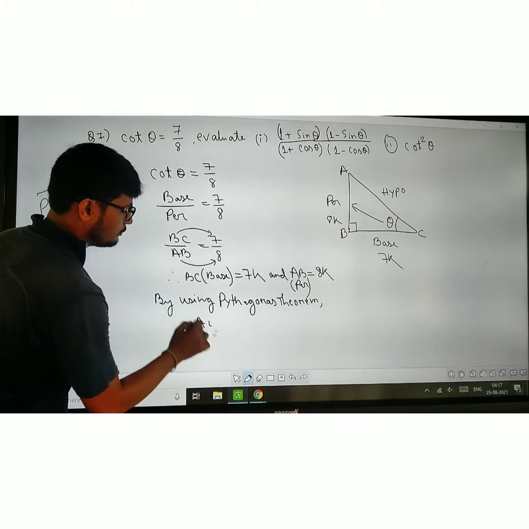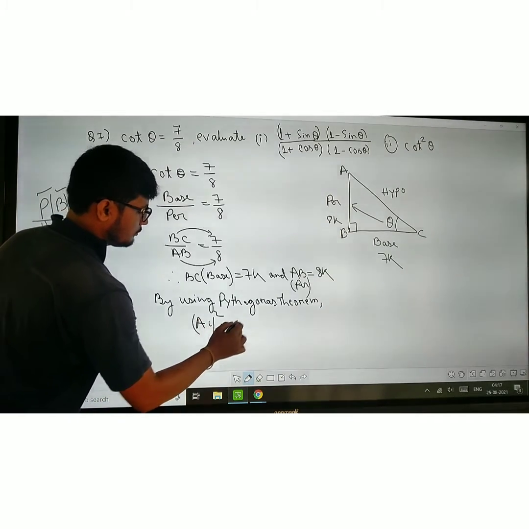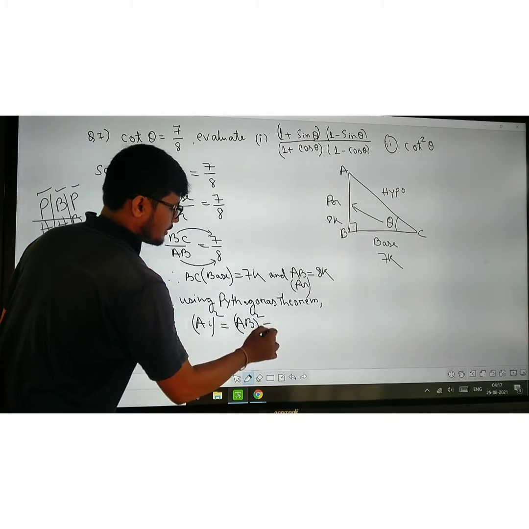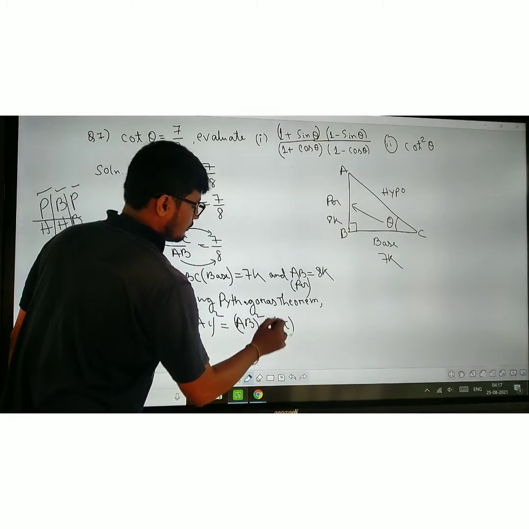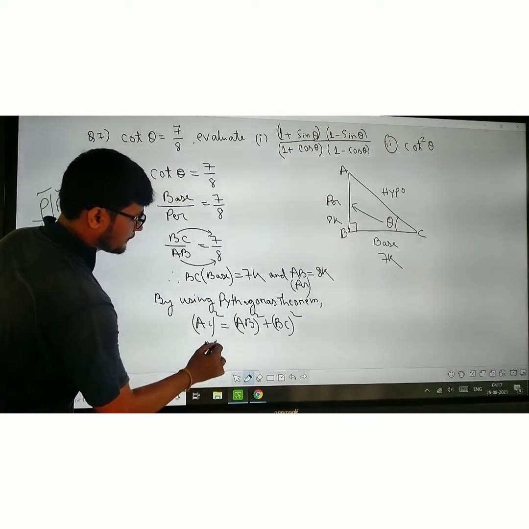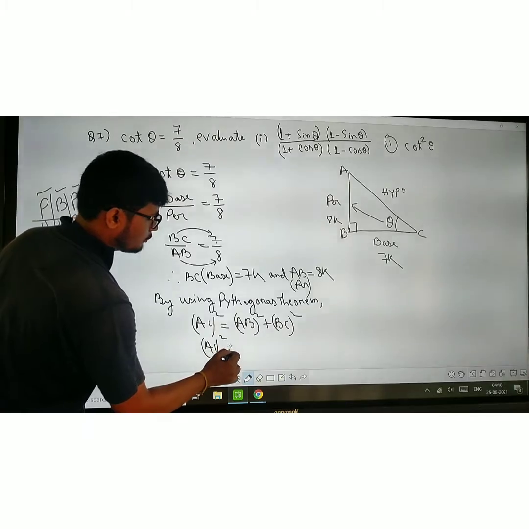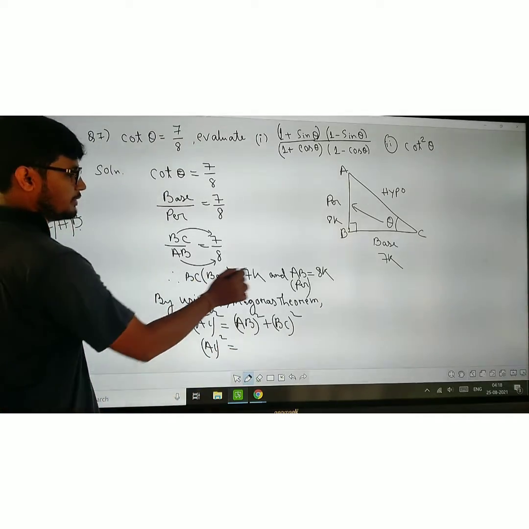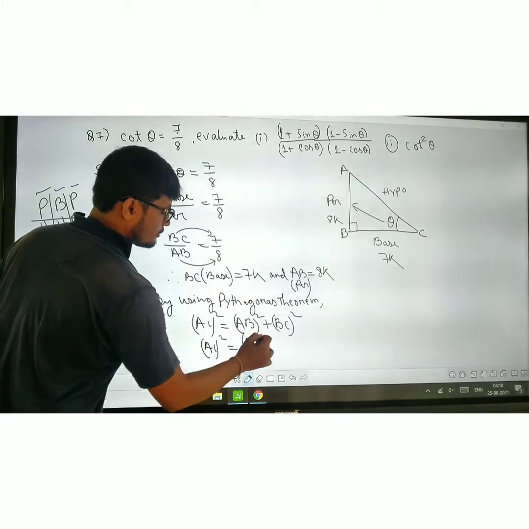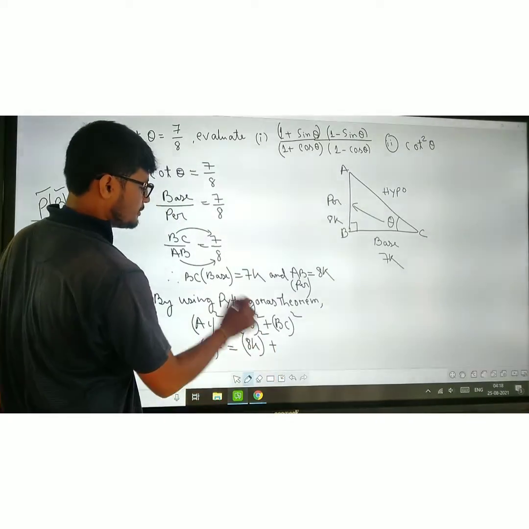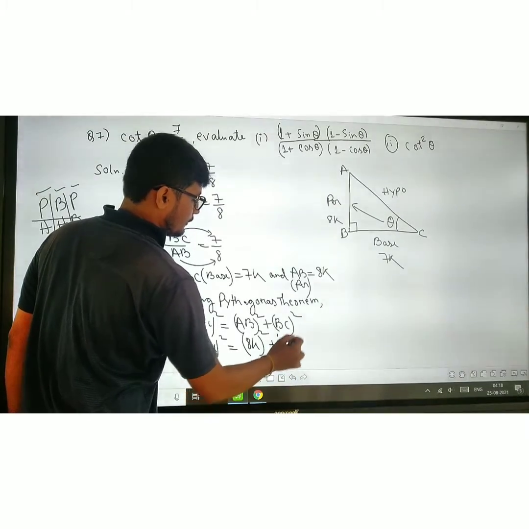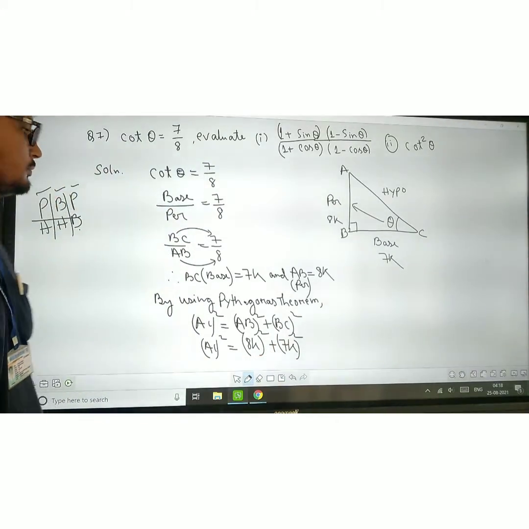AC square is equal to AB square plus BC square. What is AB? AB is 8K. So 8K square plus, what is BC? BC is 7K, so 7K square.